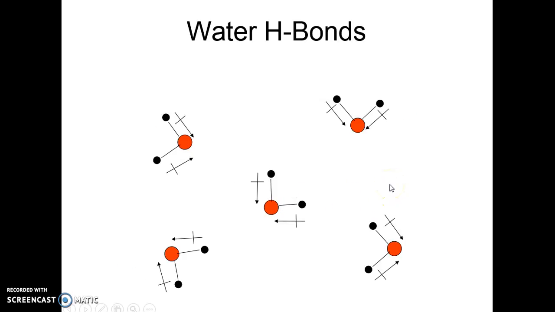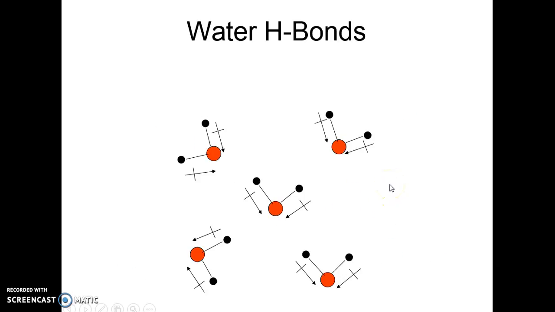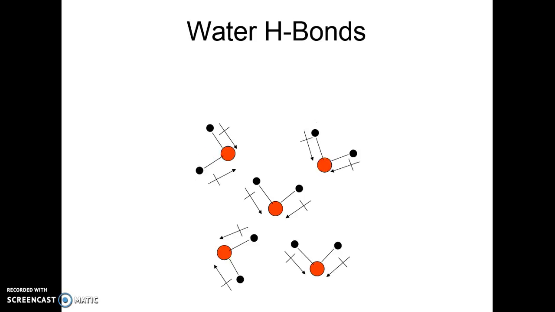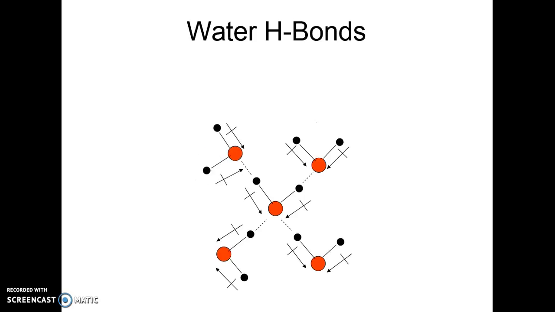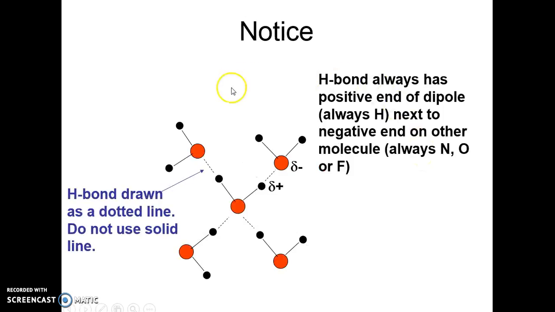We'll bring these close to each other, and when we do, we see that as they move to each other, they orient themselves so that negative is next to positive, and then we draw dotted lines for the hydrogen bonds. Always remember that it's a del negative on the oxygen or nitrogen and del positive on the hydrogen that cause the hydrogen bond.